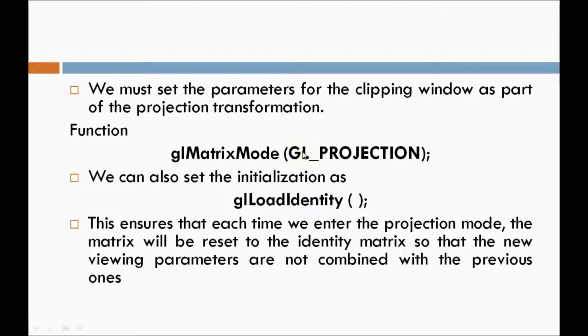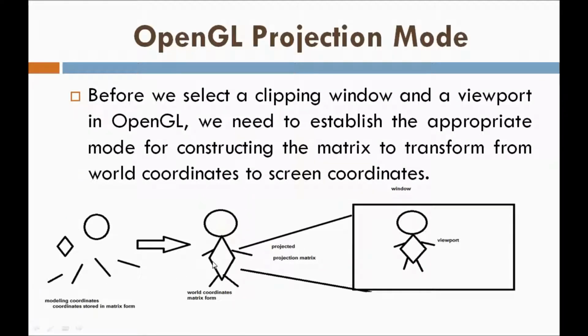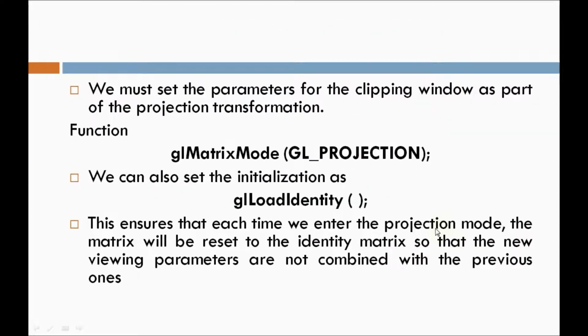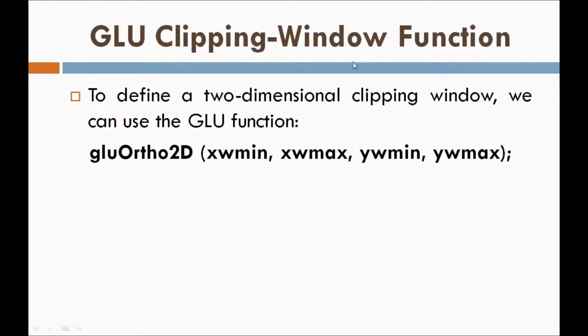Once the projection mode is set, then I can set the display window, I can set the viewport. Getting, guys? Now the projection mode is completed. I set the matrix properly. Now I can use a function to set the clipping window.